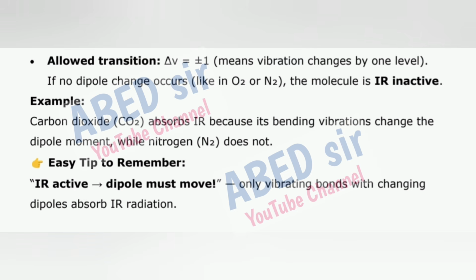Example: carbon dioxide, CO2, absorbs IR because its bending vibrations change the dipole moment, while nitrogen, N2, does not. Easy tip to remember: IR active, dipole must move. Only vibrating bonds with changing dipoles absorb IR radiation.